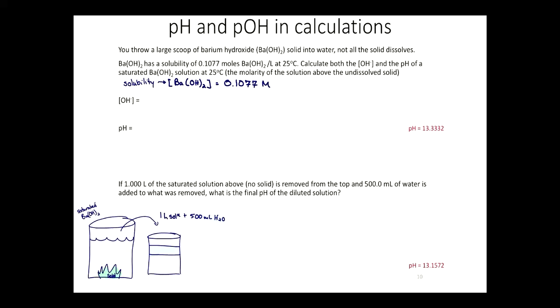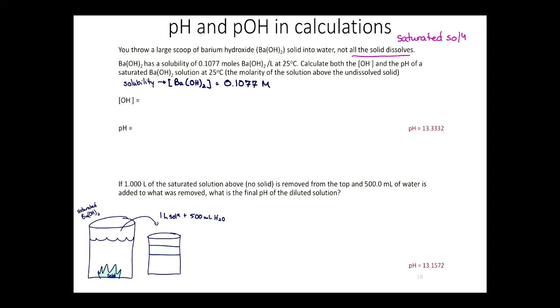So in this first one, you throw a large scoop of barium hydroxide into water, but not all the solid dissolves. So to me, like in chapter 13, this sounds like a saturated solution. All right, since you throw a huge chunk in, but not all of it dissolves. You look up in a textbook that barium hydroxide has a solubility of 0.1077 at this temperature.